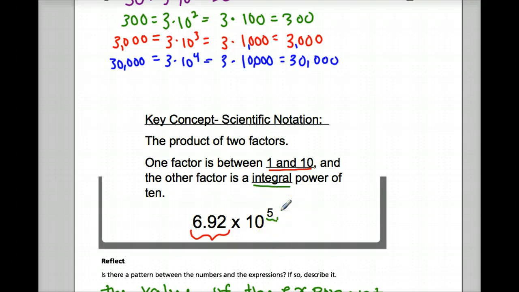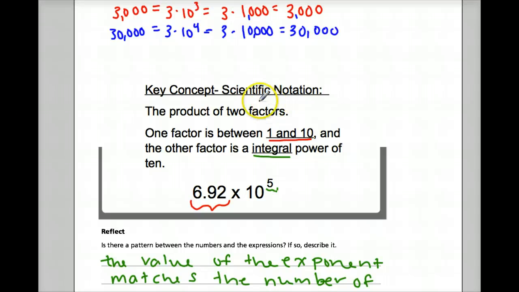Now, how do we write this in standard notation? So this is scientific notation. Standard notation is going to be writing it out. So we have 6, 9, and 2 times 10 to the fifth power. All that means is that we're going to take this decimal and move it over 5 spaces. So 1, 2, 3, 4, 5.